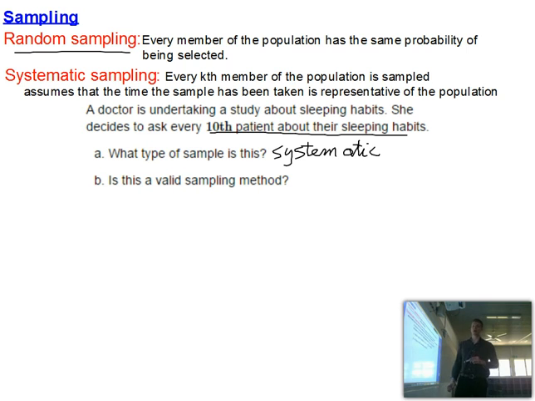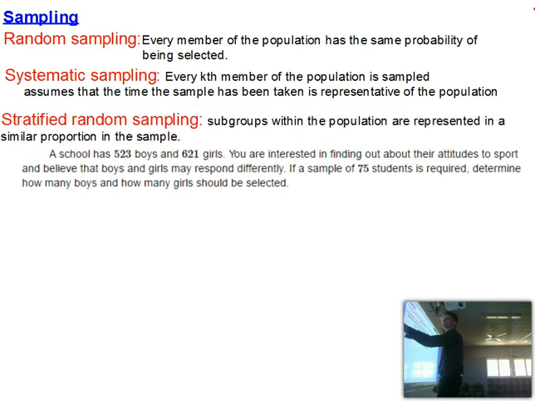What about those night owls that come in the graveyard shift and their sleeping habits? That might be important as well, and they are more representative of the population, looking at all times of the period of sampling. So there are limitations to systematic sampling.